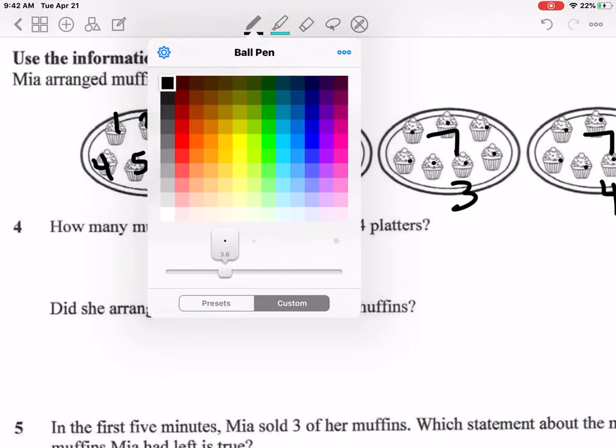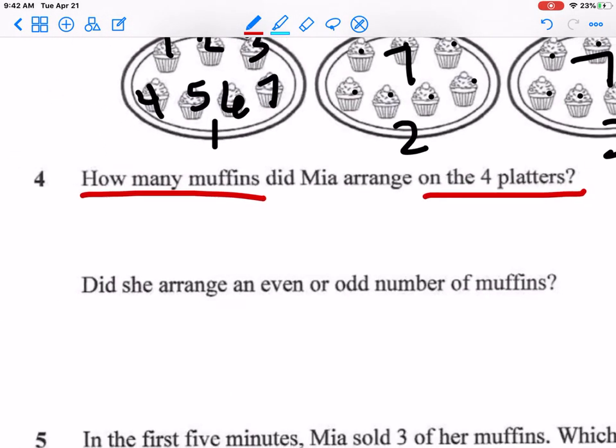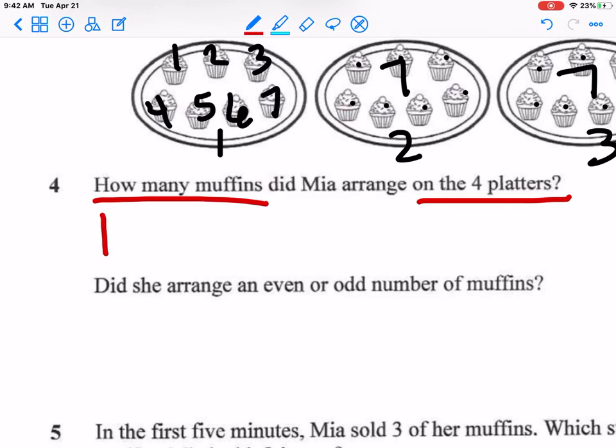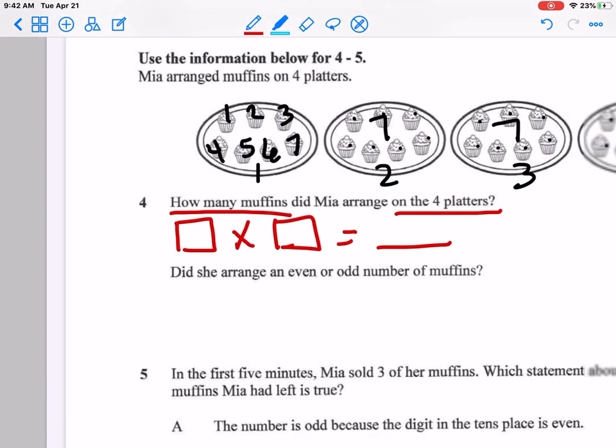What is the question asking of me? It says, how many muffins on the 4 platters? I can write a multiplication sentence. A number times a number equals a product. What are the 2 numbers that I'm going to use?